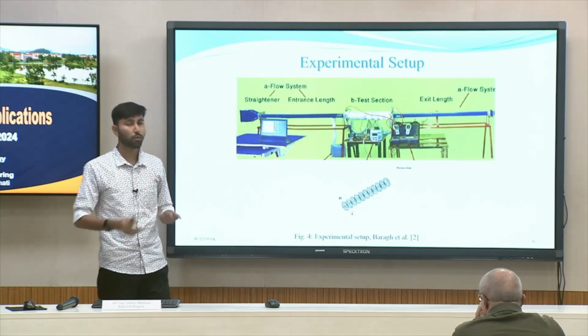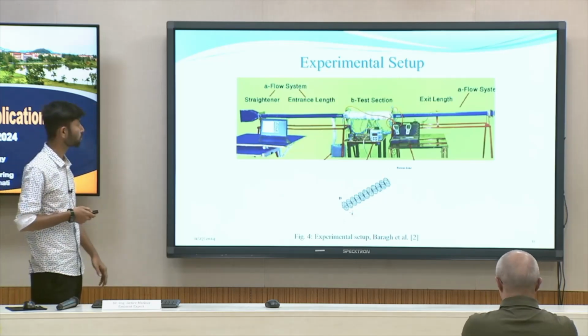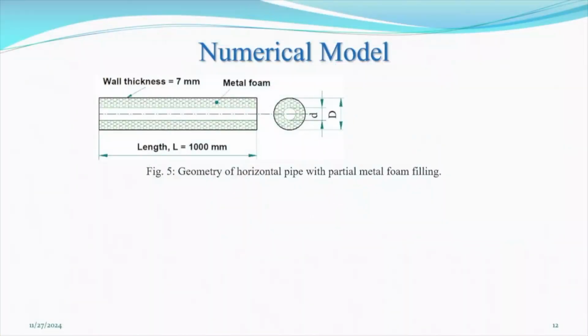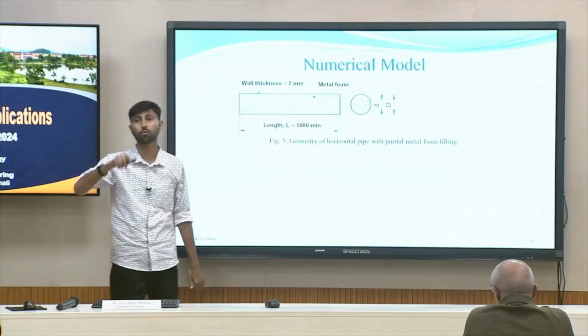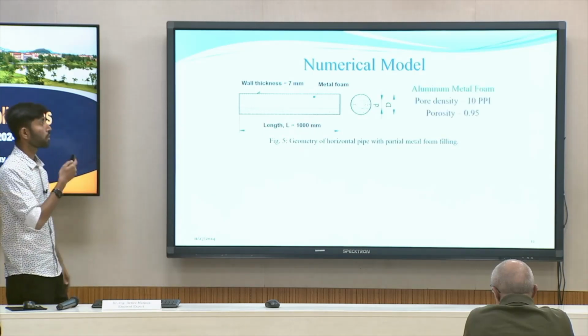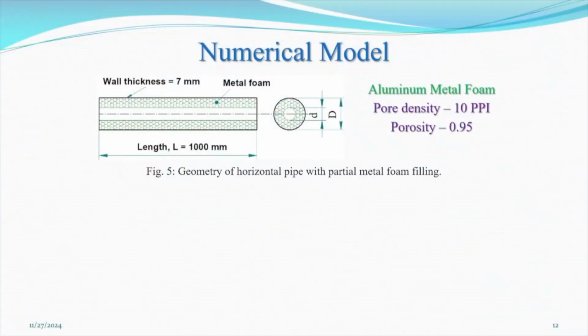In order to validate that, I have also considered the same numerical model. This is the test section, 1000 mm in length, 7 mm wall thickness, 100 mm diameter. This is the metal foam attached to the inner wall of the pipe. I have considered aluminum metal foam of 10 ppi and porosity 0.95.